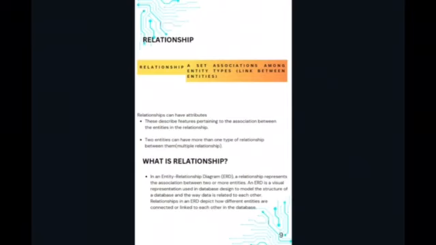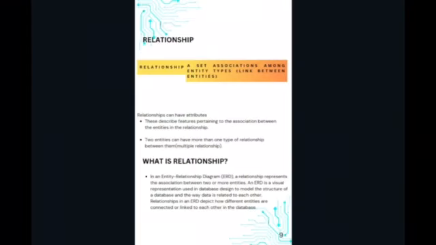First, these describe features pertaining to the association between the entities in the relationship. Second, two entities can have more than one type of relationship between them. It's a multiple relationship.